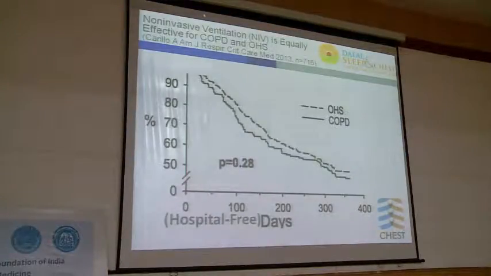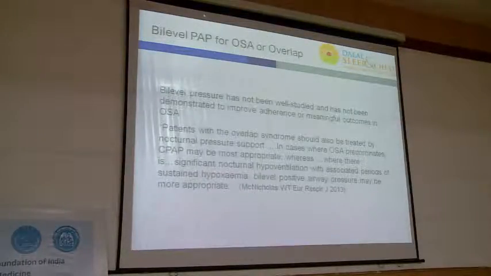There is a similar role of NIV in OHS with COPD, which improves the hospital-free days and improves the quality of life. What's the role of BiPAP in OSA and overlap? Bilevel use has still not been very well studied and demonstrated in patients with pure obstructive sleep apnea.